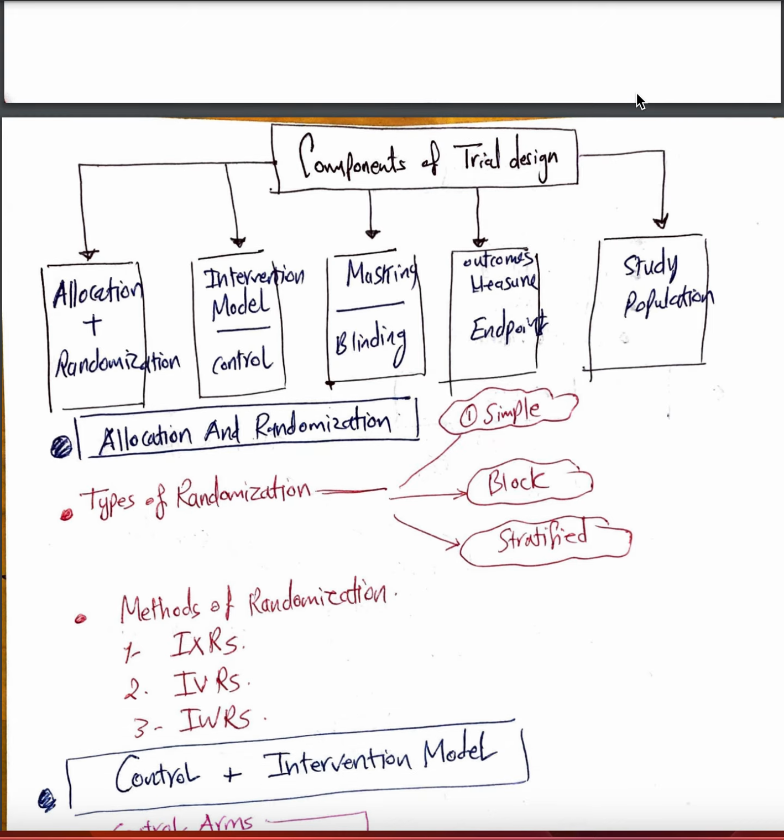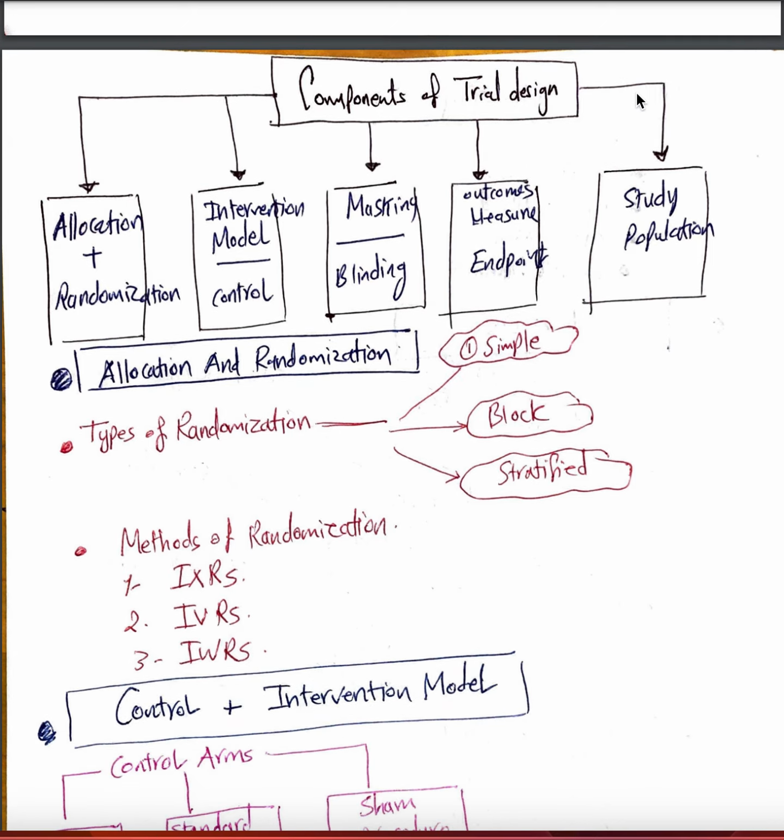Now we go to the components of trial design. We have to design this trial, but we have to know some important points to know how we can design it. We can subdivide it into allocation and randomization, intervention model and control, masking, blinding, outcome measures, endpoints, and the study population.